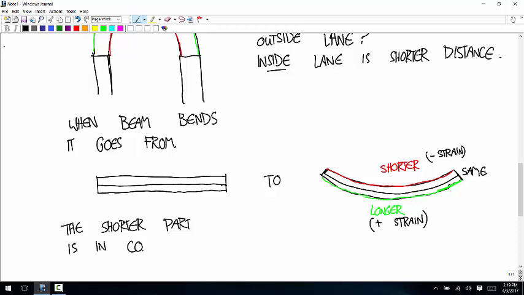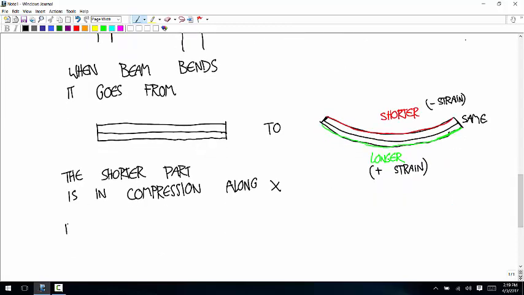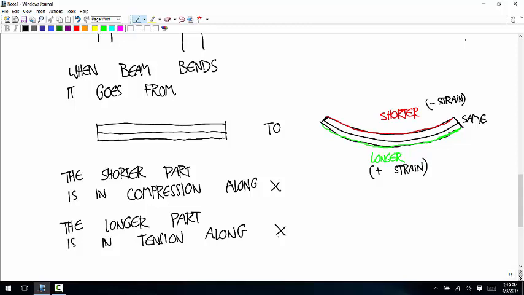So that's in compression along x. And the longer part has to be in tension along x. And so there you go. If you just think of it in terms of the track thing, the inside of the turn is shorter than the outside of the turn.